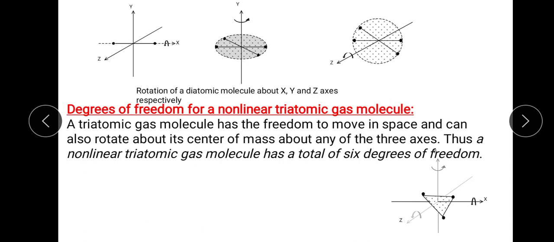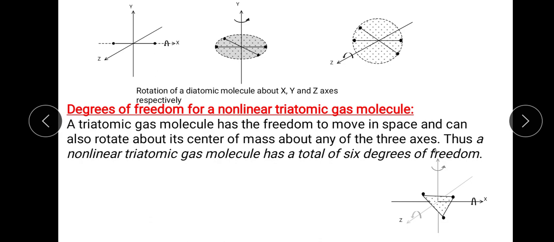But when it comes to rotation, it can rotate about the x-axis, about the y-axis, or about the z-axis as shown in this diagram. But one rotation is negligible compared to these two.